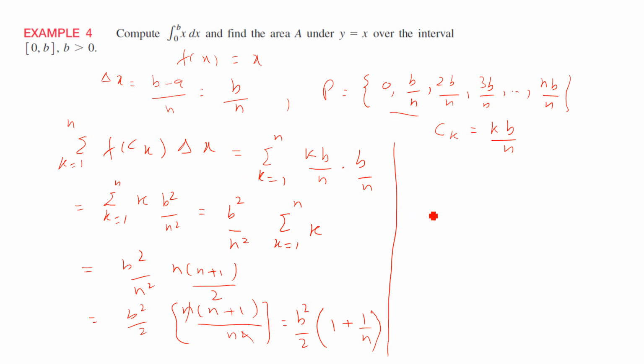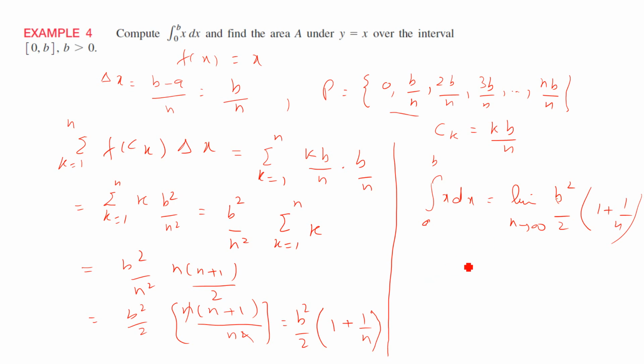Now the integral of x dx from 0 to b. By definition, the integral is the limit of this sum as n approaches infinity. So we write the limit of b square over 2 times 1 plus 1 over n as n approaches infinity.